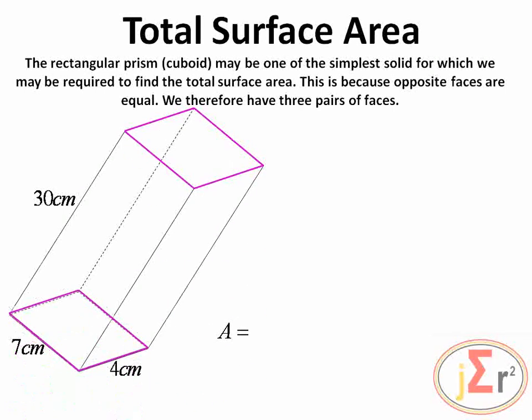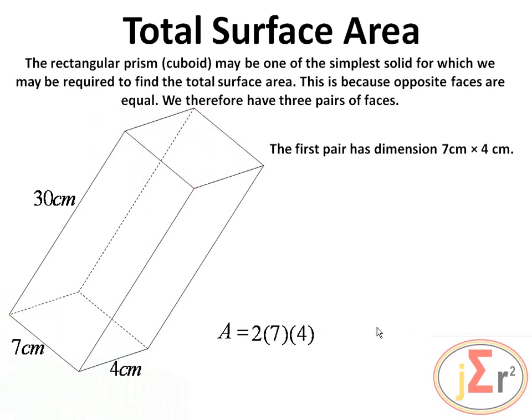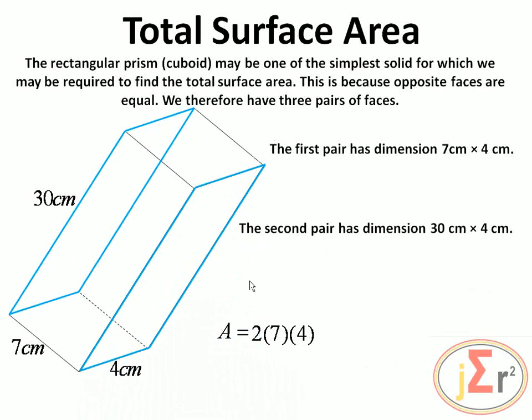So that's one pair. So it is going to be what? That pair, and the dimension is what? 7 by 4. But there are 2 of them, so it is 2 times 7 by 4. That pair, the second pair, has dimensions 30 by 4. So 30, we can take it from here, because we know that all of this will be 30. 30 by 4.